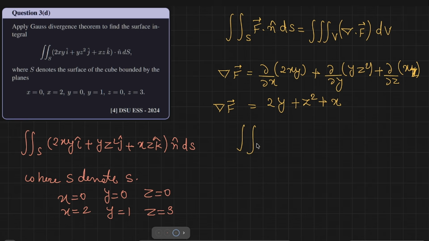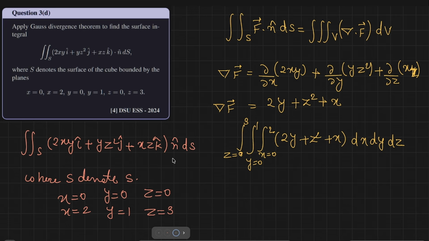So the triple integral of 2y plus z square plus x dx dy dz. Now the limit of x is from 0 to 2, the limit of y is from 0 to 1, and the limit of z is from 0 to 3. Now it is very easy. You have to simplify this triple integral only.